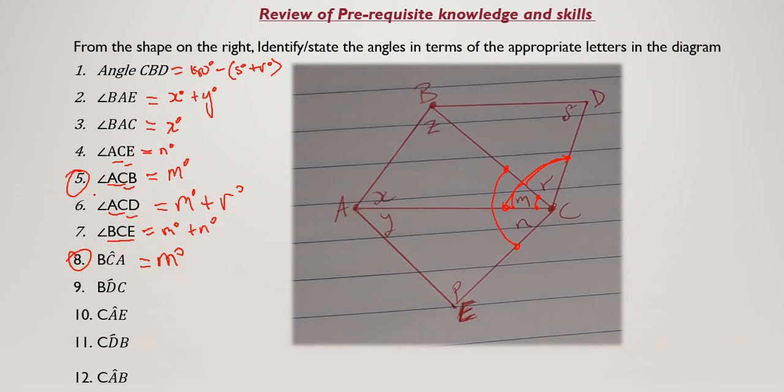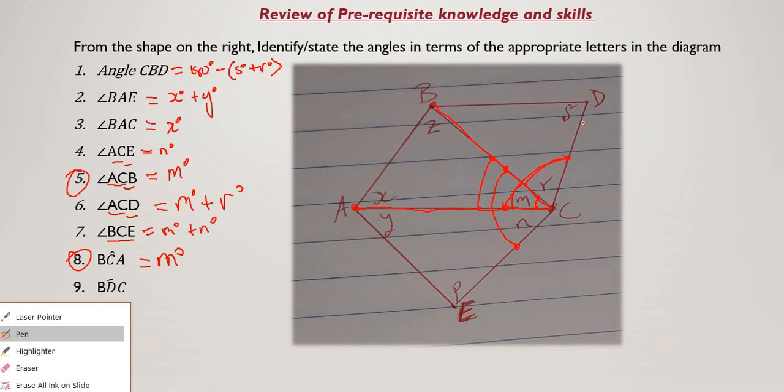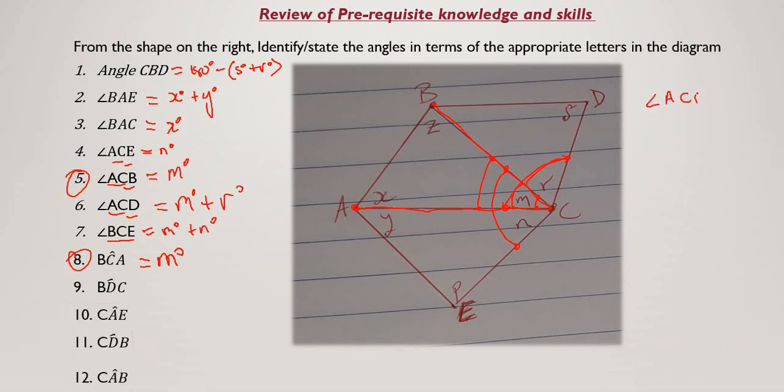If we're going from A to C to B, we got M. It's the same thing as going from B to C to A. We still got our angle M. So angle ACB is the same as angle BCA. The middle letter is the important one, and the other two letters can be switched.